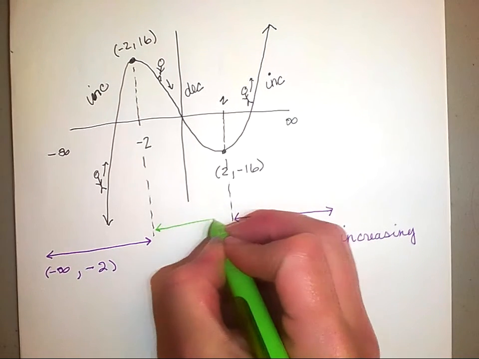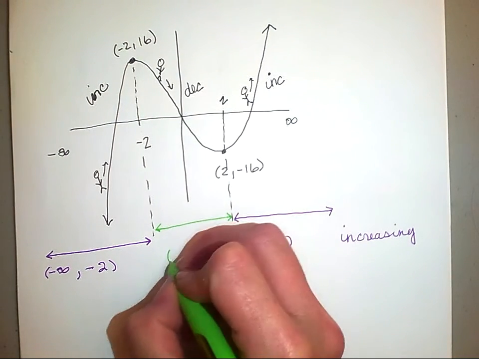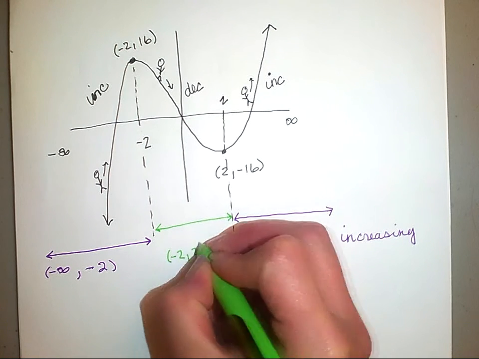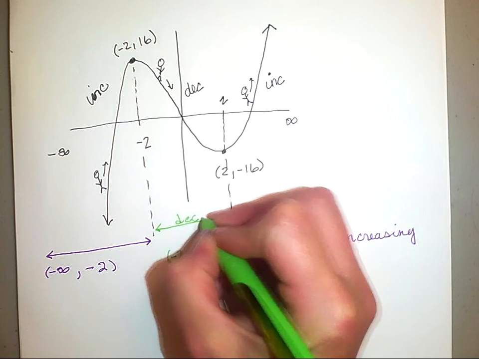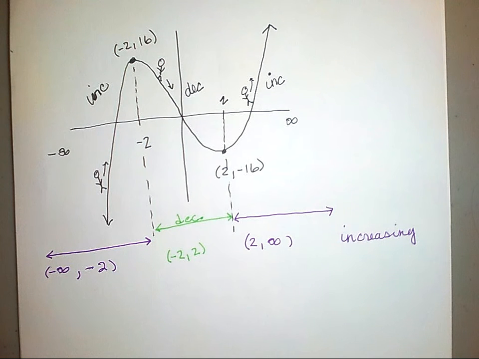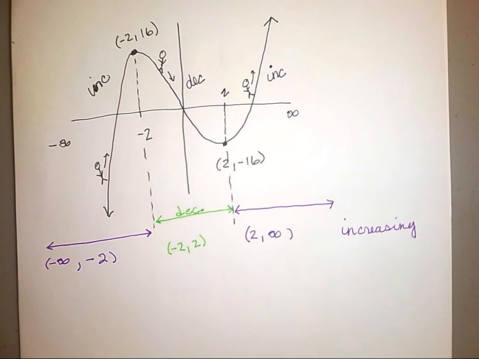And then we also said we were increasing from here to here again. This time it starts at -2 and it goes to infinity. These were increasing. In between here and here, so that is in between -2 and 2, the function decreased.